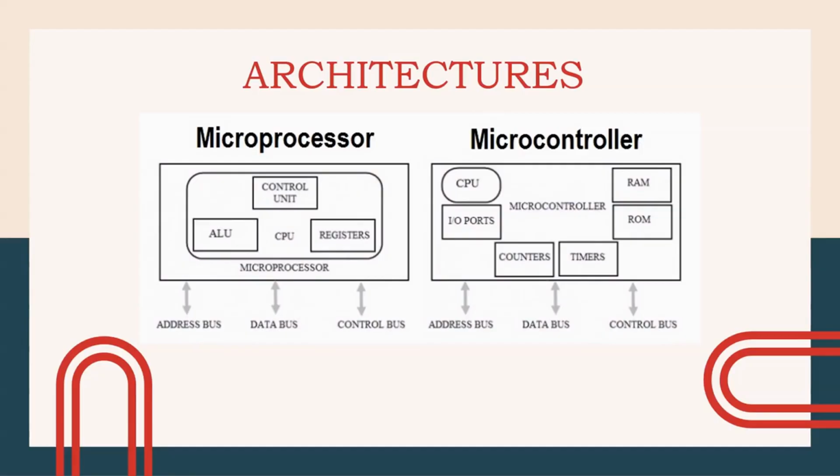And coming to the microcontroller, there are six parts: one is the CPU, second is input output ports, third is counters, fourth is timers, fifth is RAM, and sixth is ROM. It has three buses: one is the address bus, second the data bus, and third the control bus. These buses carry data bidirectionally.